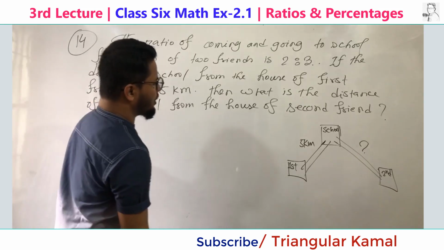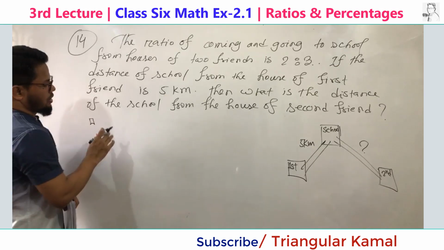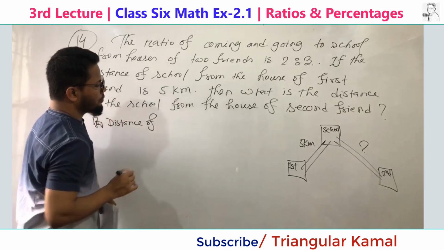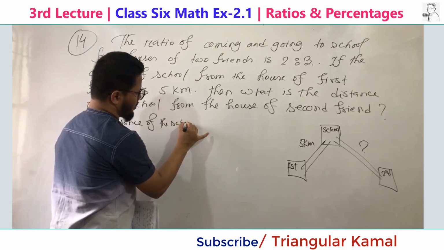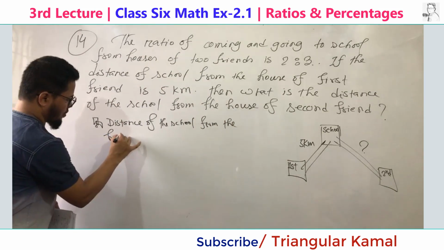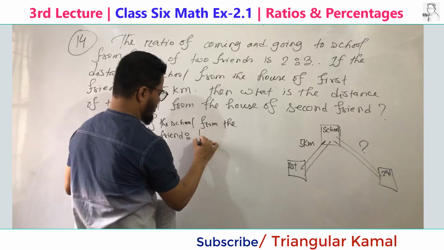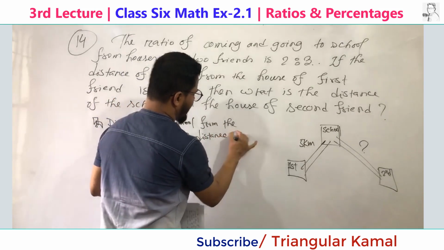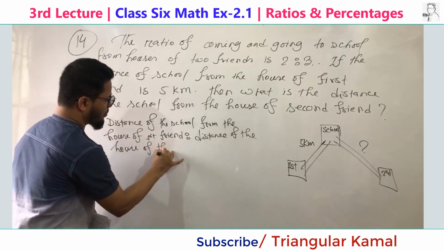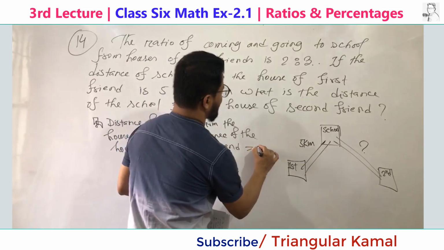So we can write here the first information given: distance of school from the house of first friend, ratio distance of the house of the second friend equal 2:3.